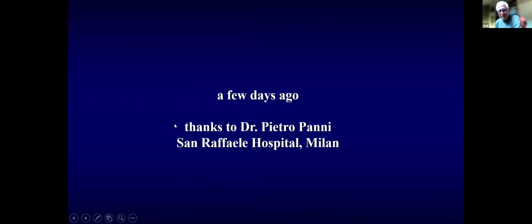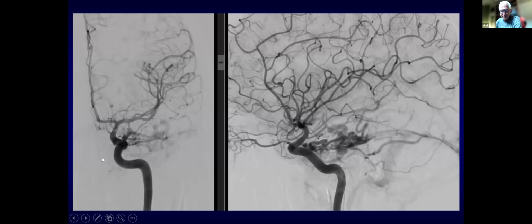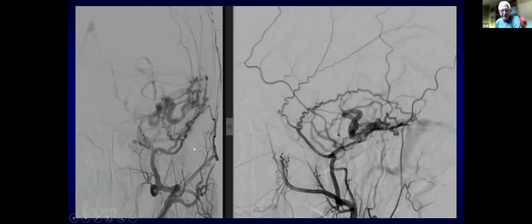I wanted to finish here, but then a few days ago, thanks to Dr. Pietro Panni of the San Raffaele Hospital in Milan, he called me to see another case. And this is a 26-year-old man, who 15 months ago had this fistula. Again, same fistula on the petrous ridge, same side. You can see the fistula here.